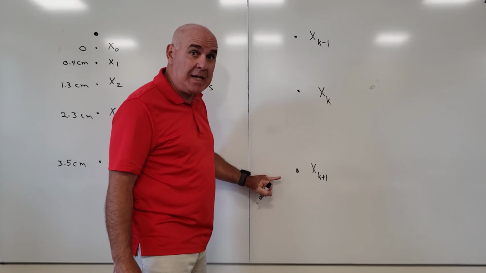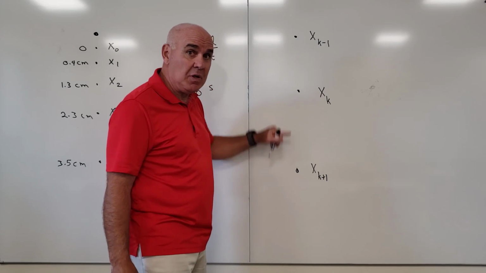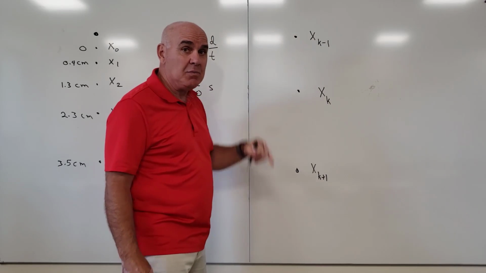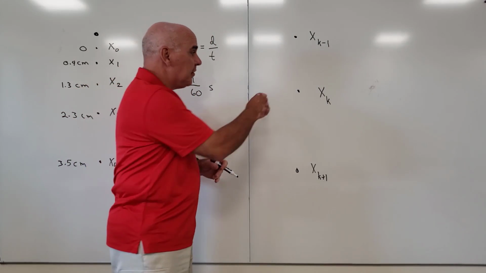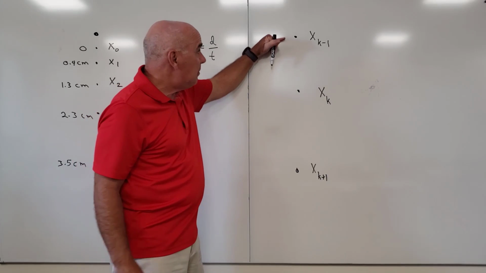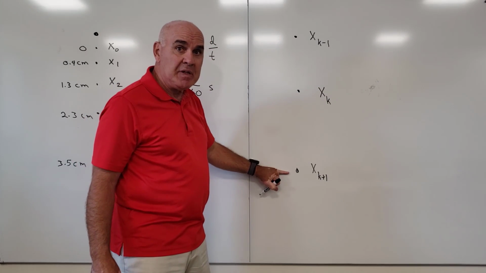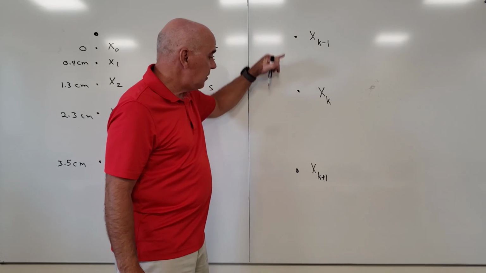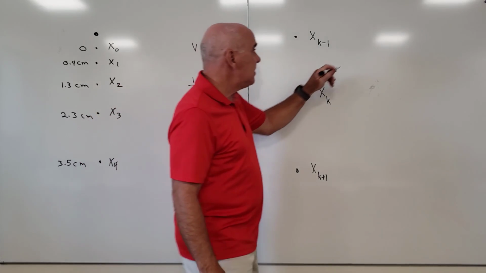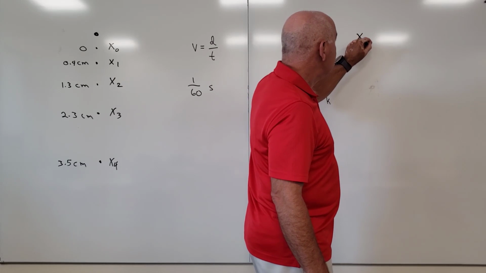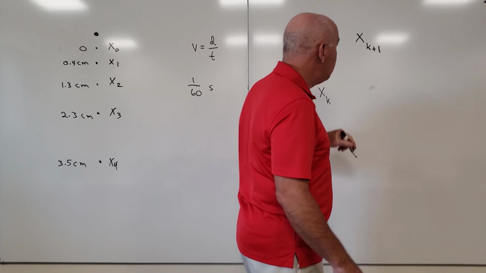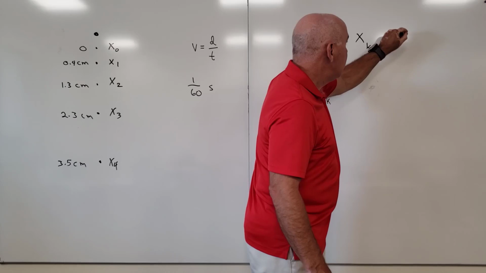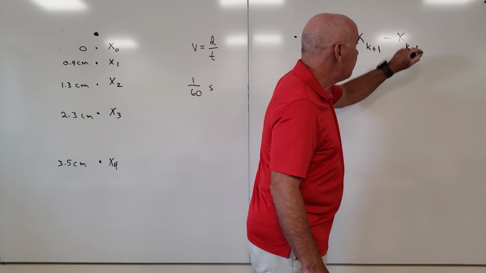It's half time between x sub k plus 1 and x sub k minus 1. So if I want to know the velocity at this time, I'm going to measure from here to here, and I'm going to divide by the time interval. So what's the distance from here to here? Well, that distance is x sub k plus 1 minus x sub k minus 1.